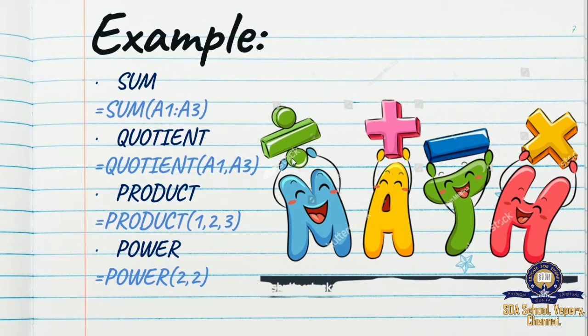Sum will be represented as equal to sum of the range of the cells, so from which cell to which cell you want to perform the calculation. And quotient, the same way, which cells you want to divide. The same way product and power. Now we are going to see how this example works. Okay, are you ready?